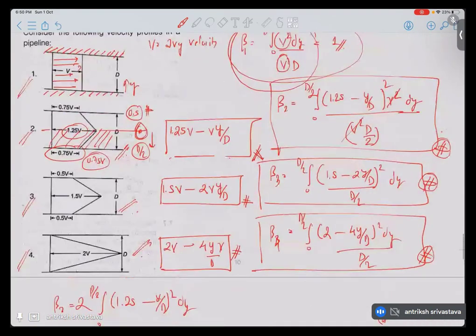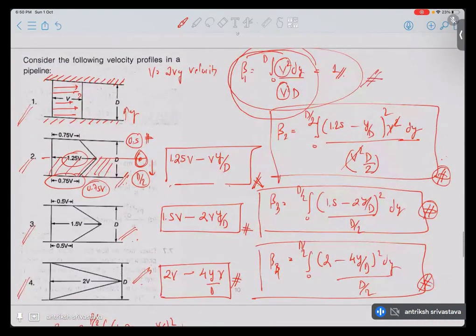Since now Pallavi has answered, forgive me Pallavi, but I want to drag you into this. Did you understand how to calculate the momentum correction factor? Which equation, Pallavi? Velocity profile. Okay, let's try to do that.